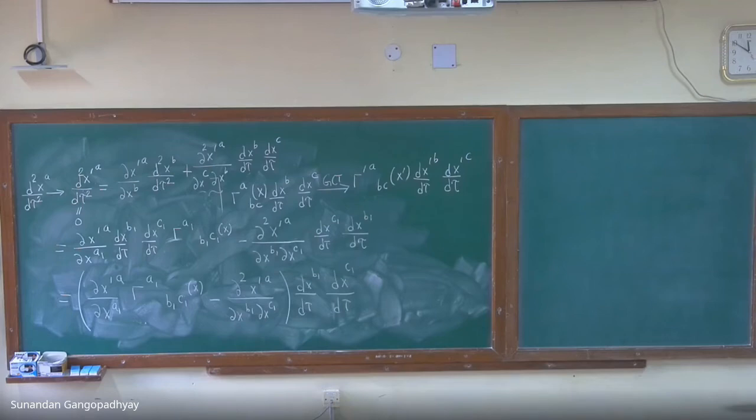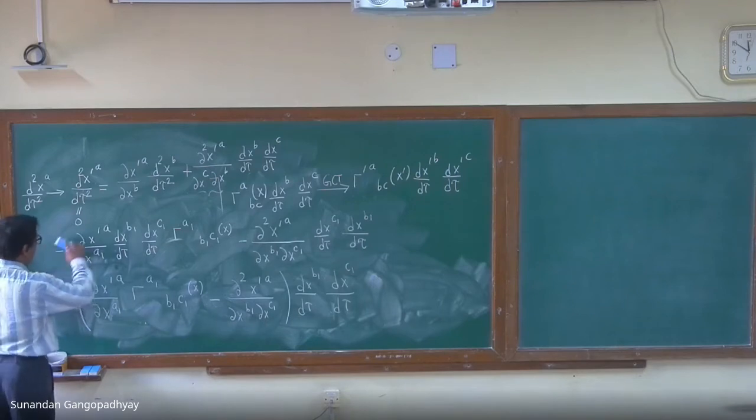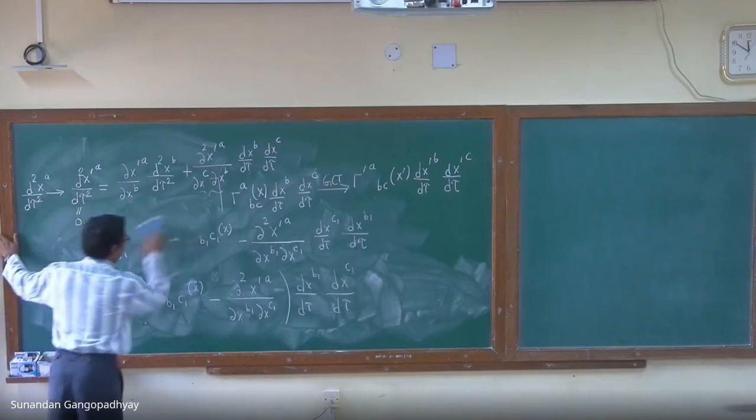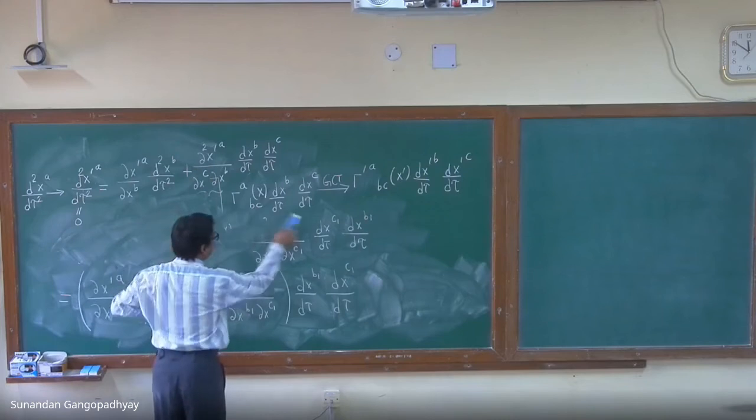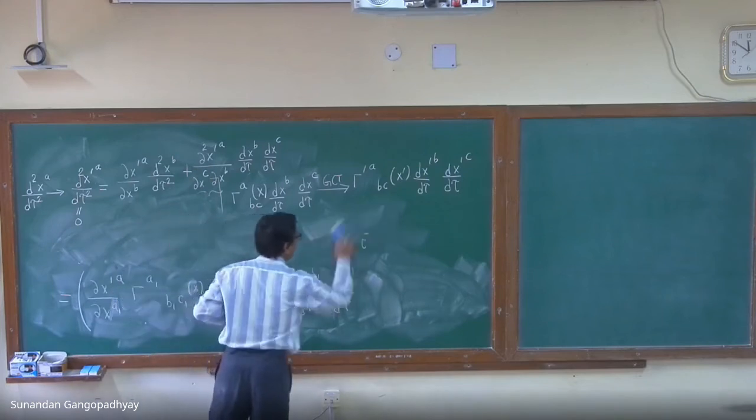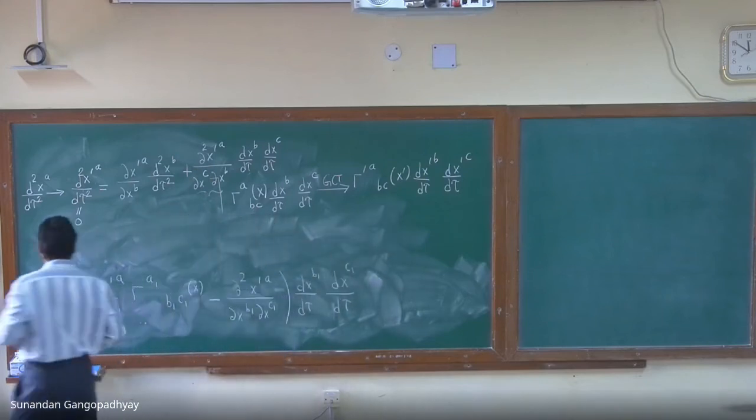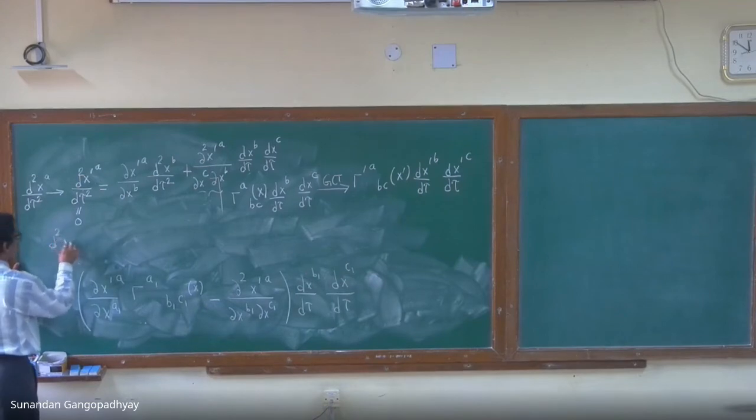Once we have this, we now take the following combination. Where should I write? Remove this one because I want to keep this. This is important. Let us now take the following combination.